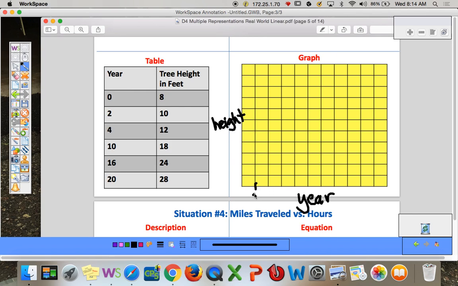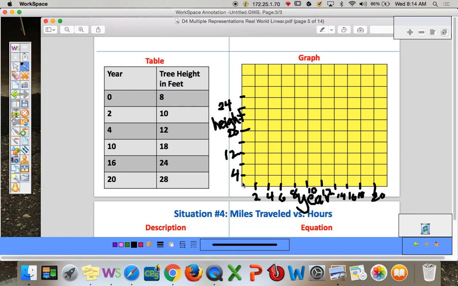And again, I'm going to go by 2, so 2, 4, 6, 8, 10, 12, 14, 16, 18, 20. And our heights, I'm just going to go by 4's. 4, 8, 12, 16, 20, 22, 24, 28.